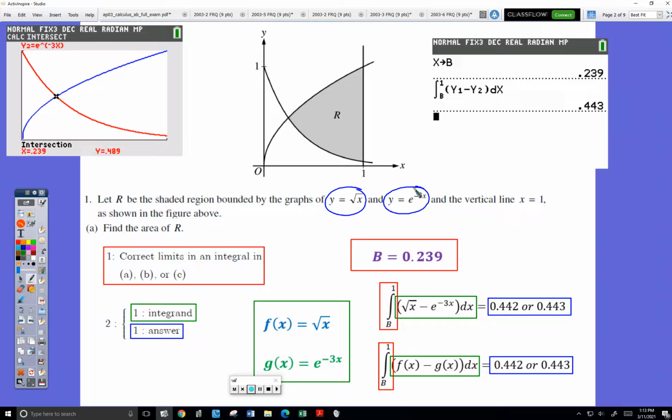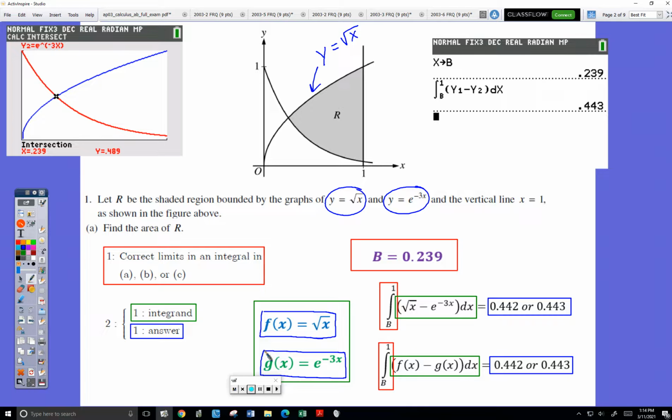I discover that the upper function is y equals root x using my calculator. And so I like to call the upper function f and the lower function g. I put f always in y1, g always in y2.